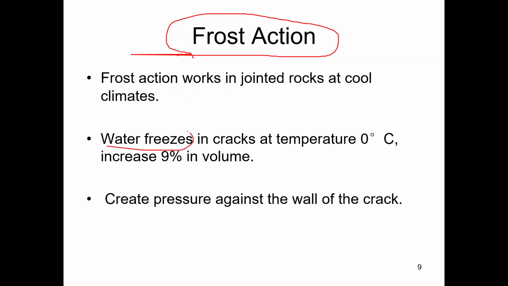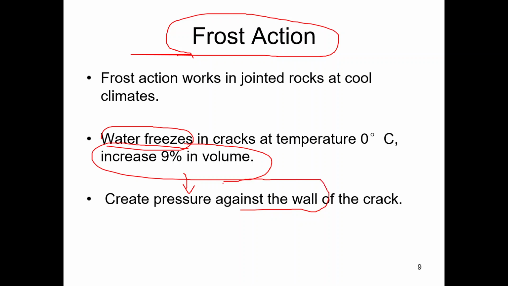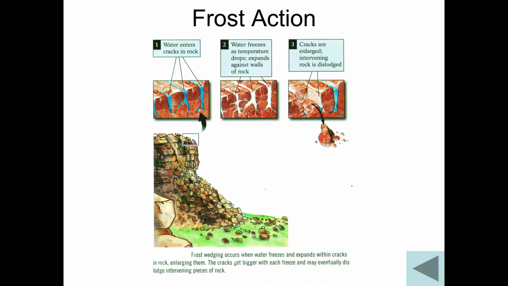When this water freezes, the volume of this water will increase by up to 9%. Due to the increase in volume, this creates pressure that acts on the rock walls and then creates a crack, and this crack will increase and make the rock fall.